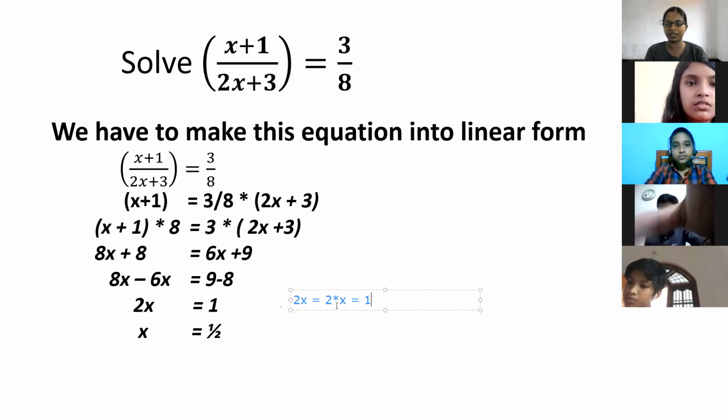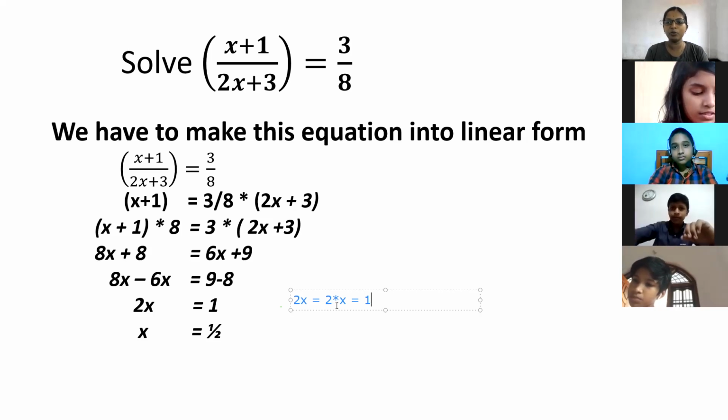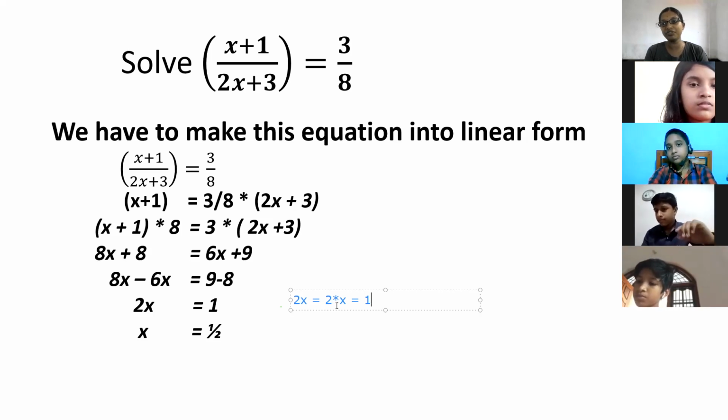Subtraction. And then in the case of subtraction, it becomes, Sean? Addition. Okay. Then in the case of multiplication, what happens when we move it? Division. Okay. Then Faith, what happens when we move division from RHS to LHS? Multiplication.